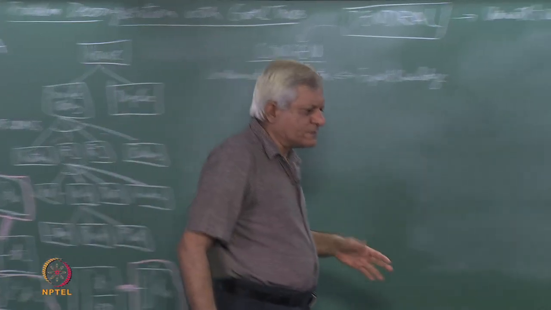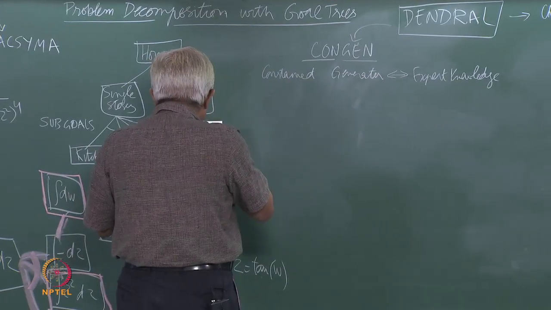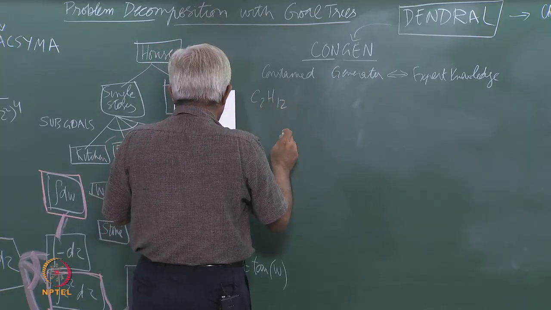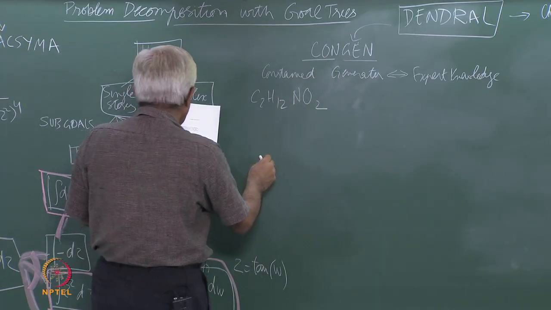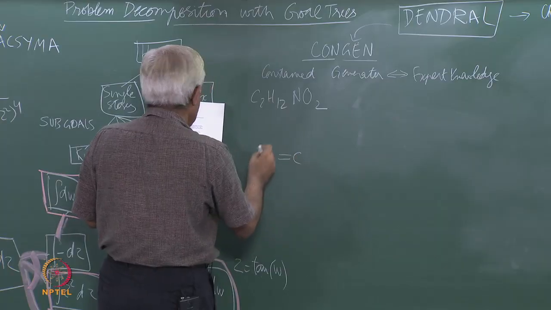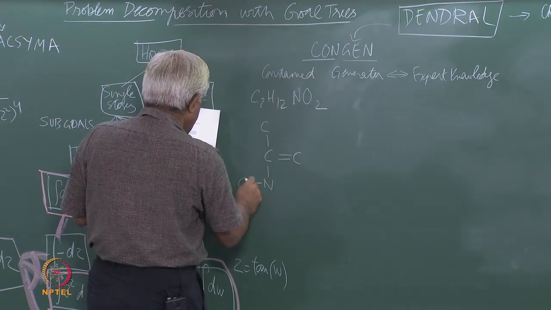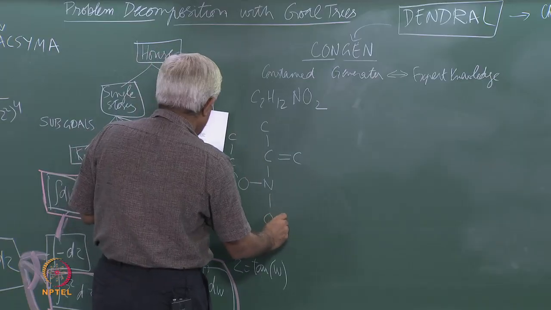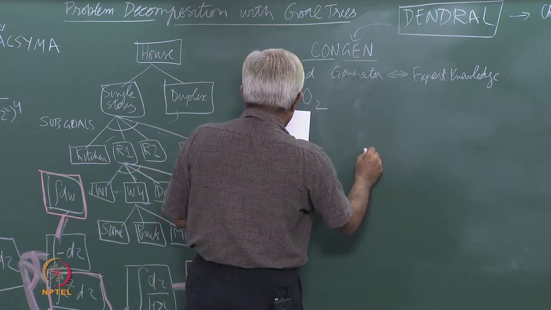So, for example, given a simple thing like C2H12NO2, this CONGEN would produce a structure like this, or it would produce another structure.